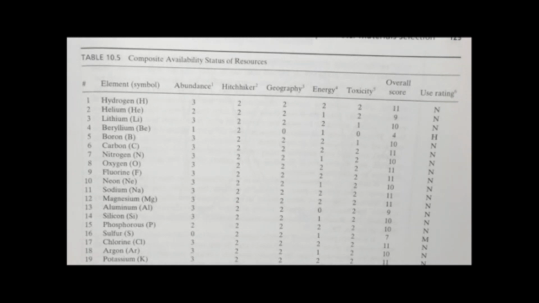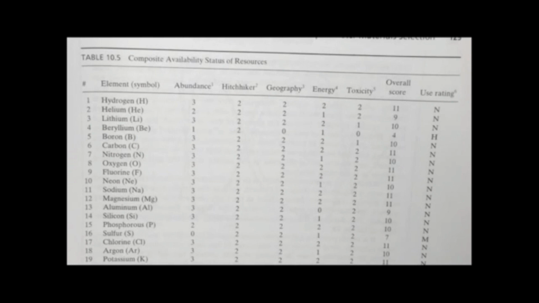Then you're looking at geography. What does that mean? It means, is it available in many places? Is it spatially evenly distributed? Or is it just focused in all of North America? The only place it's available is in northern Colorado. Or is it available in Alabama and California and so forth? Energy. Is it very energy intense or it's not?